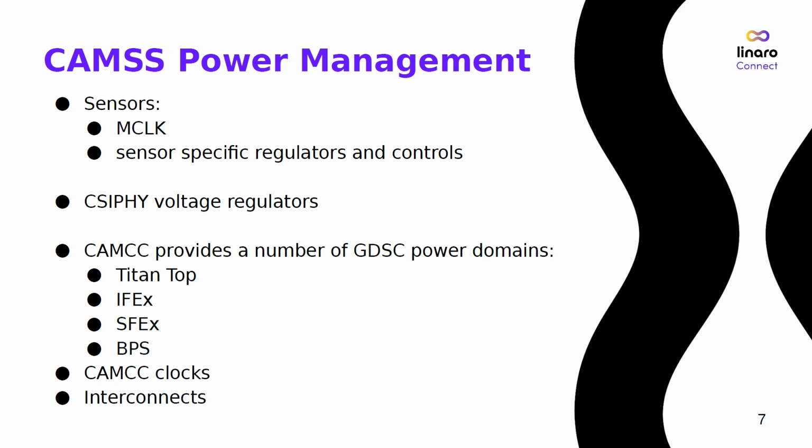Power management. Even power management is an important thing, but I will briefly describe it. Two parts: sensors and CAMSS. About sensors, we have the master clock, which is controlled by the pin controller, and sensor-specific regulators and controls. What I found very interesting, and I haven't seen it before, and actually there is no support in the upstream even today, is that the CCI interface, the I2C interface on most of the Qualcomm boards connected to the sensors, is pulled up by regulators.